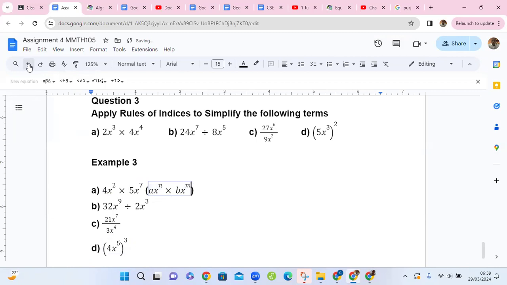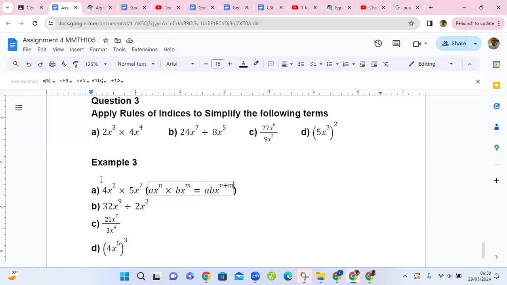Once the bases are the same, what you simply do is to multiply the coefficients, maintain the base, and you add the exponents. Another word for exponents is powers. You add the exponents. Okay?